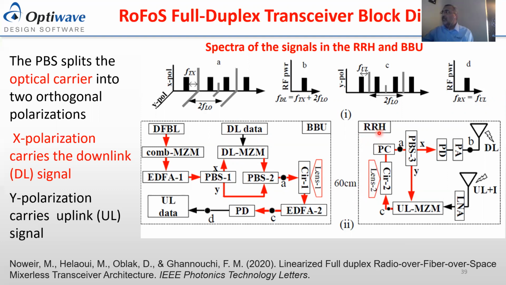In the remote radio head, you have a polarization control first to adjust the polarization and maximize the positions to the original positions. Then the X polarization is detected and transmitted through the antenna wirelessly, and the detected signal here is added as interference, as you can see, and this signal is modulating the Y polarization of the light.